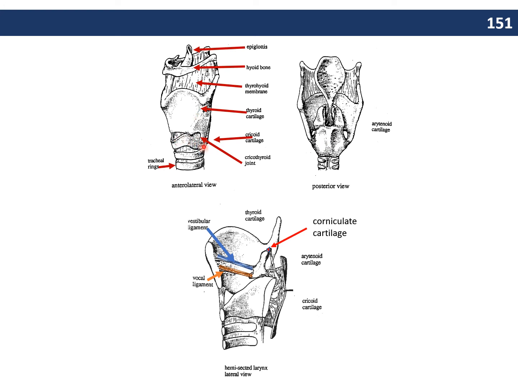They come together at a joint, and this joint allows the cricothyroid muscle, which sits on the anterior parts of these cartilages, when it contracts, to tilt the thyroid cartilage anteriorly to increase the tension on the vocal ligaments.